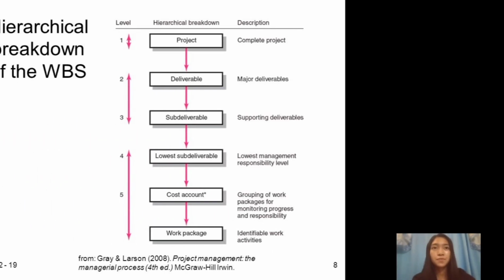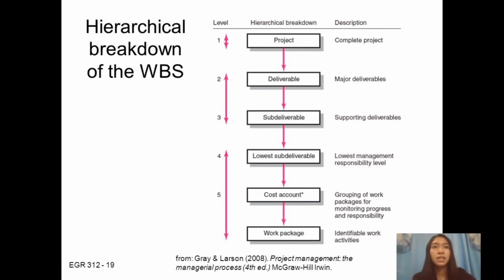So we have here figure 4.3, the hierarchical breakdown of the work breakdown structure and its description. At the top level is the project. As in the definition of a project in chapter 1, it is a one-time effort limited by time, budget, resources, and performance specifications designed to meet customer needs. Next, deliverables.